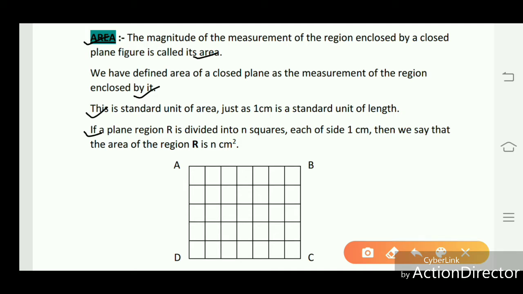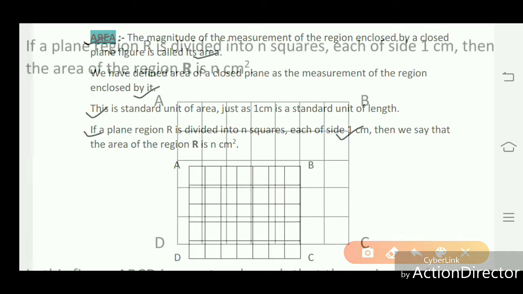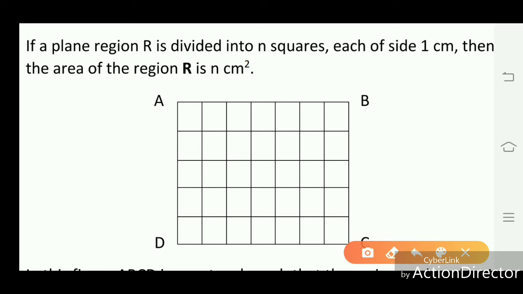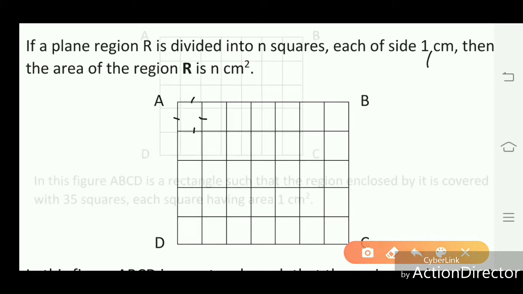If a plane region R is divided into n squares, each of side 1 centimeter, then we say that the area of the region R is n centimeter square. Here the side of this one square is 1 centimeter.